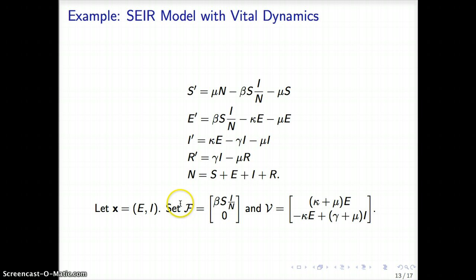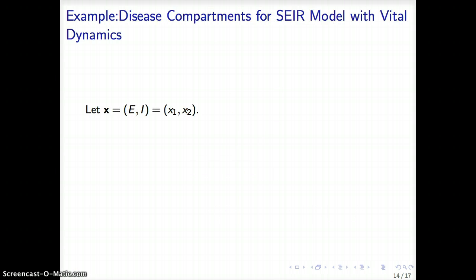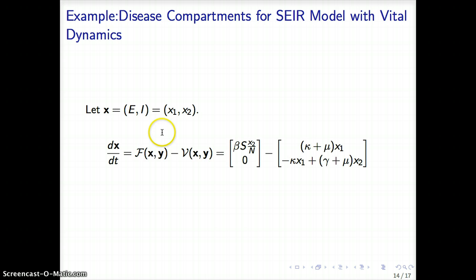So here we write x as E comma I, meaning that x1 denotes E and x2 denotes I. In this way, the model for x is written as operator F minus operator V, meaning here is F, here is V.